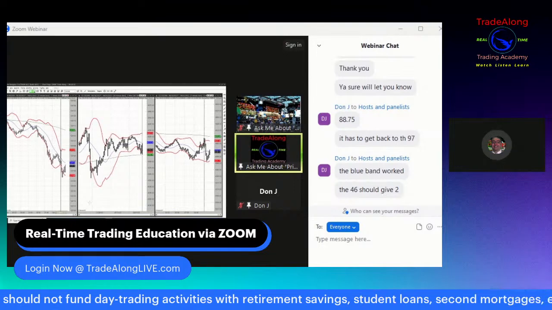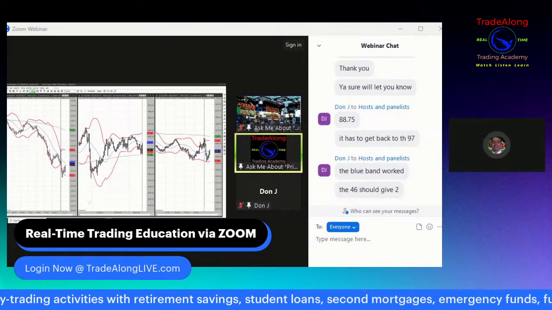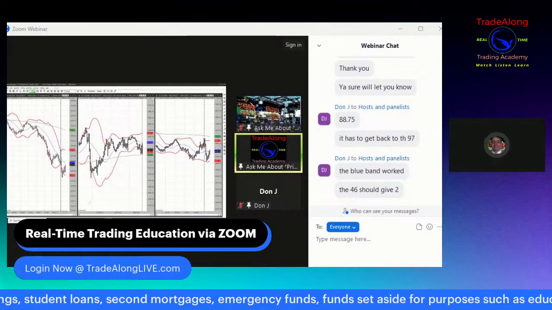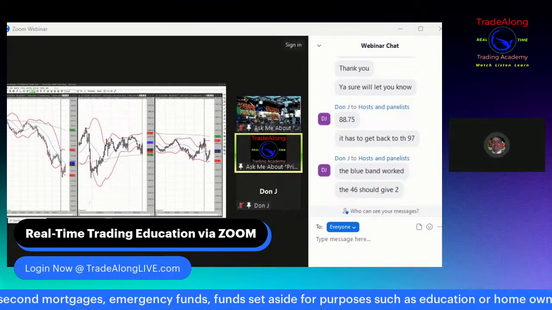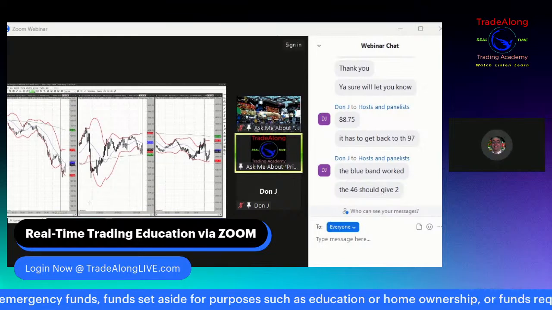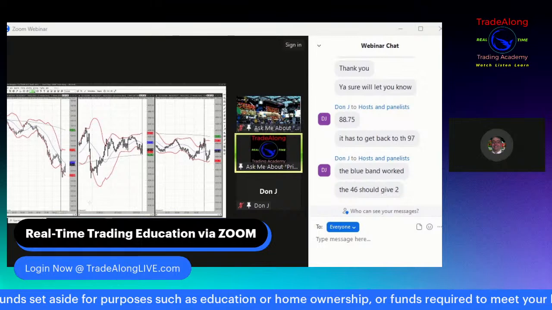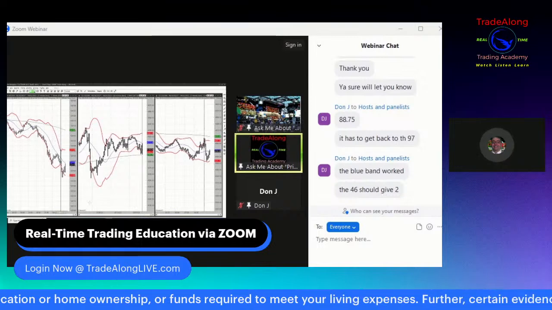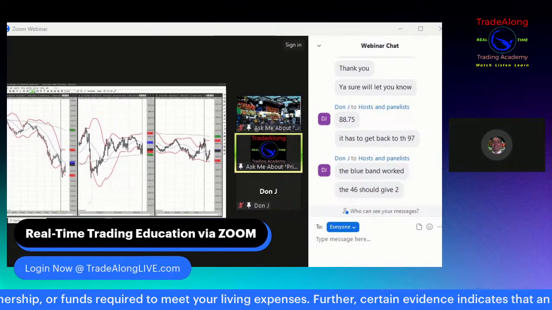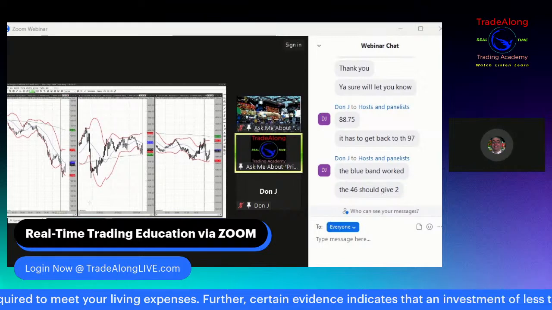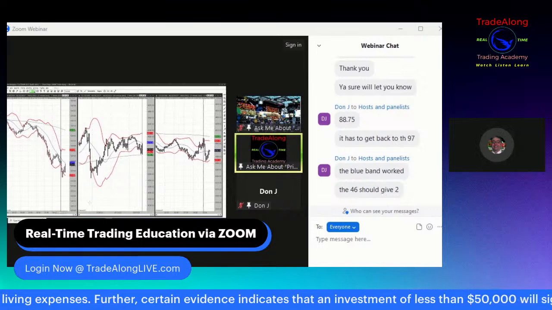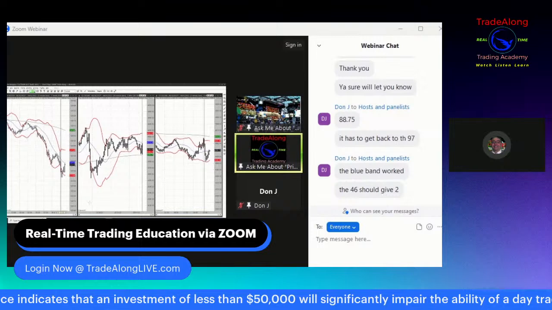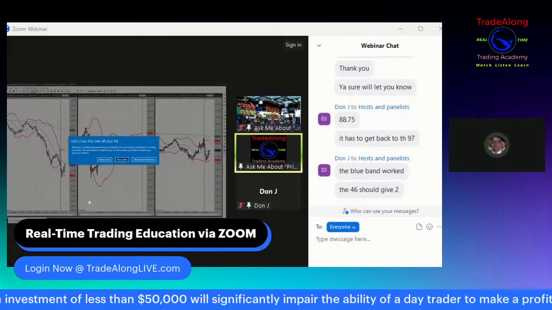If you just traded the levels, we've traded our top level at '07 and our bottom level at 91. So we've had two, and there were a couple of price action trades along the way if you're aggressive. So maybe three or four, depending on your risk tolerance. Either way, if you just traded the levels, you did well with that.